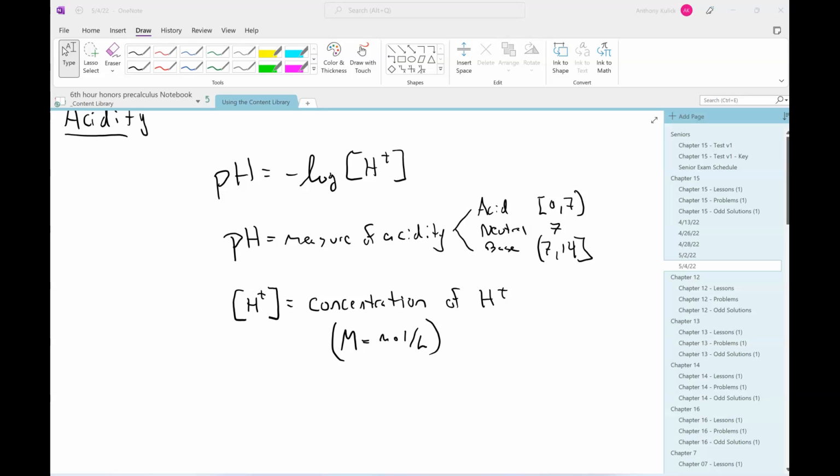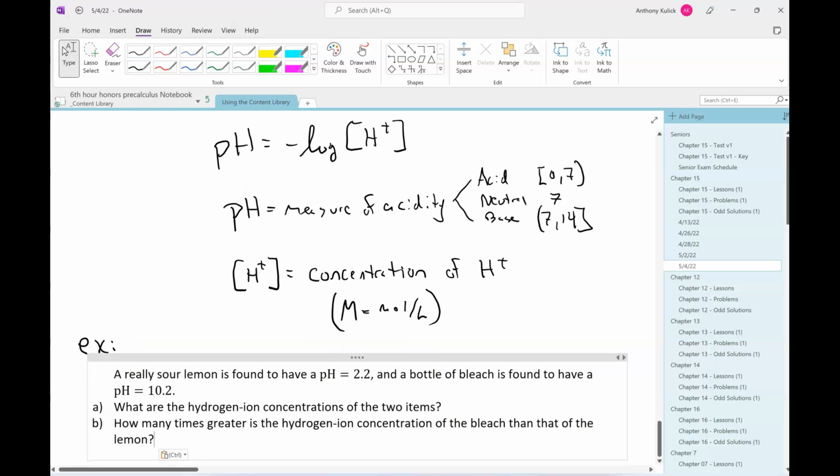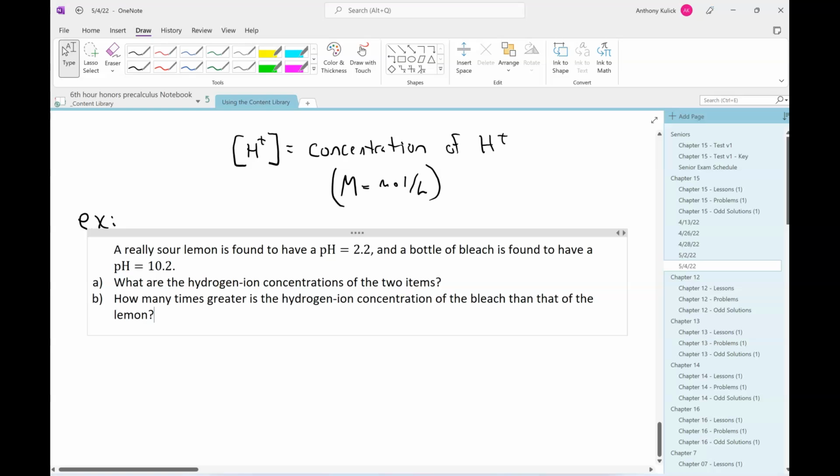Okay. So let's do an example here. Don't worry, you don't have to balance a chemical equation or anything in here. So, all right, a really sour lemon is found to have a pH of 2.2, and a bottle of bleach is found to have a pH of 10.2.